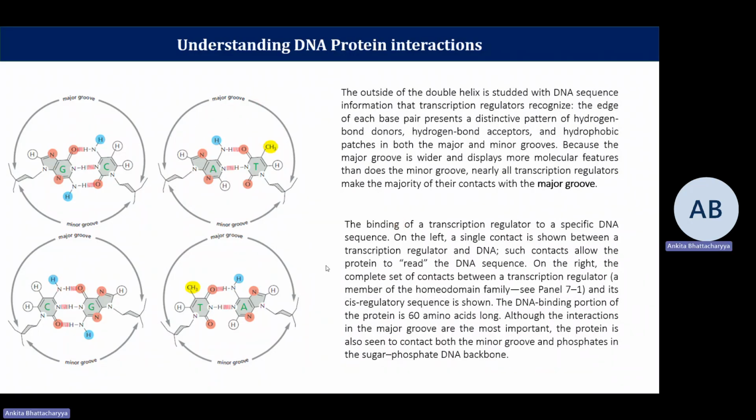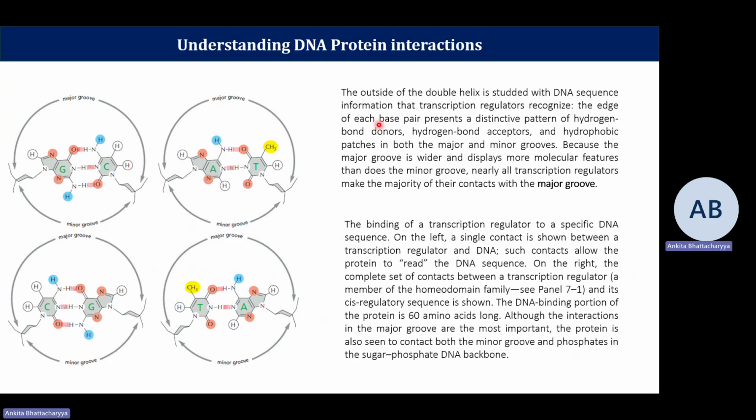The outside of the DNA double helix is studded with the DNA sequence information to which a transcriptional regulator is able to bind. That gives rise to a structure where the outside serves like a pipe, and the inside is the home of all of the possible interactions between nucleotide bases.